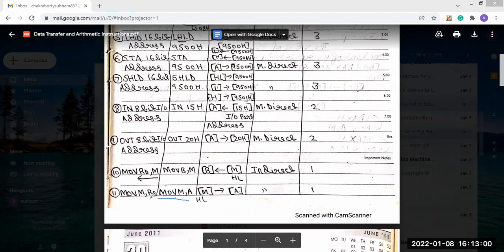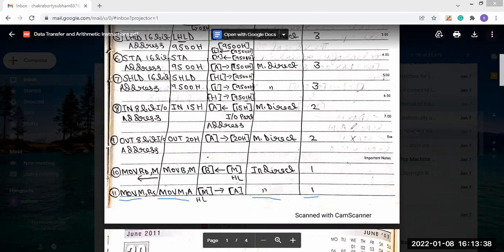The general format is this, and the example is MOV M, A. This memory location will be held by the HL register pair, and in that particular memory location the data is stored, and that data should be moved to the A register. So it is the indirect addressing mode, and the byte length will be 1.